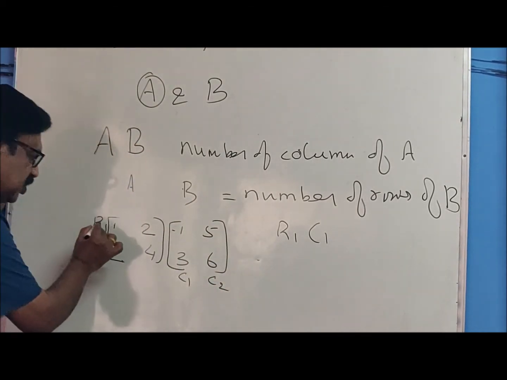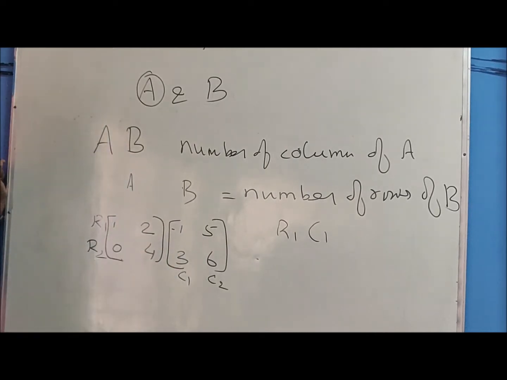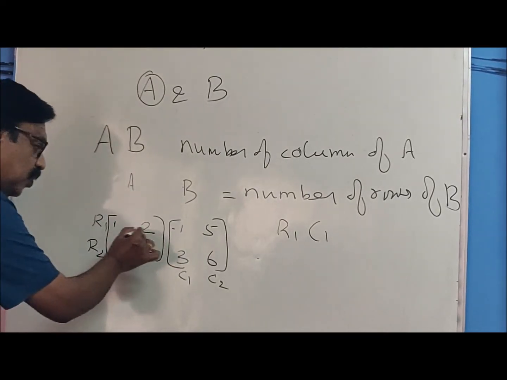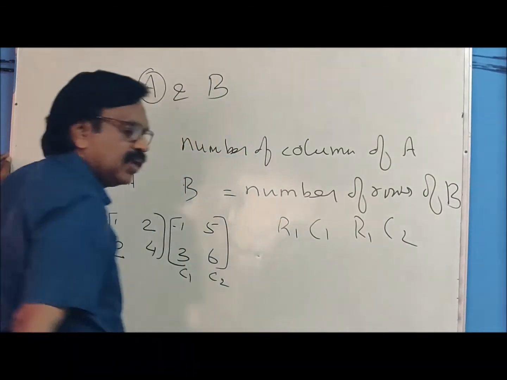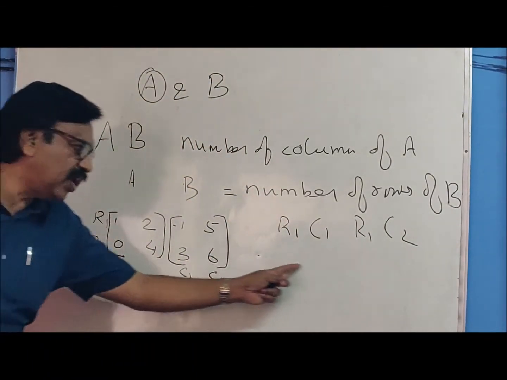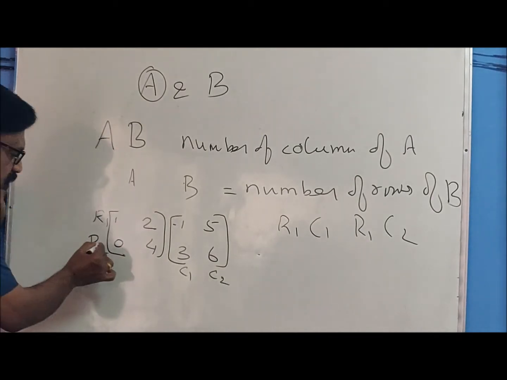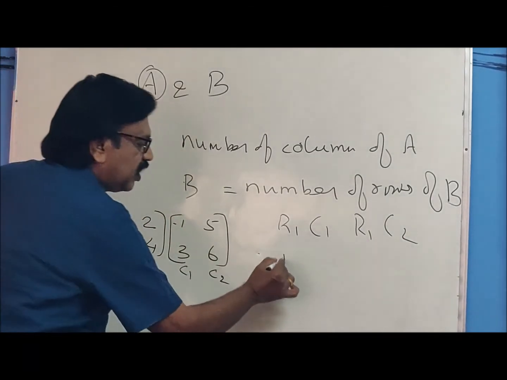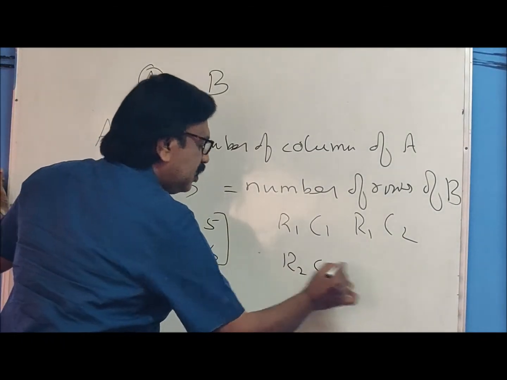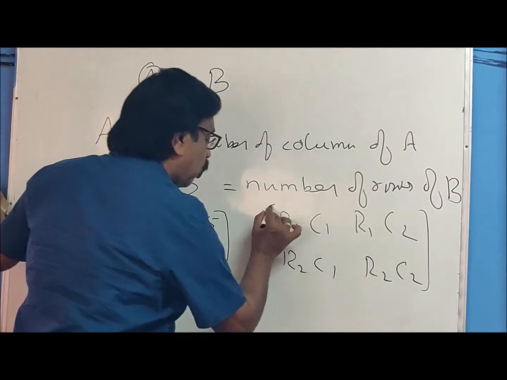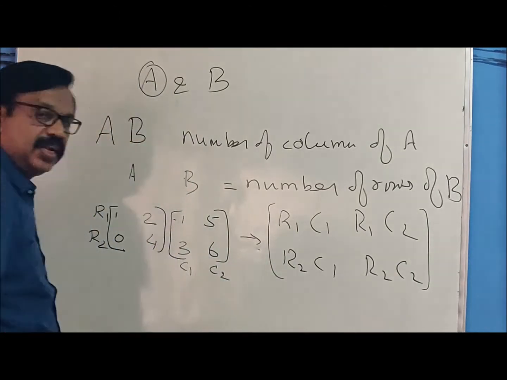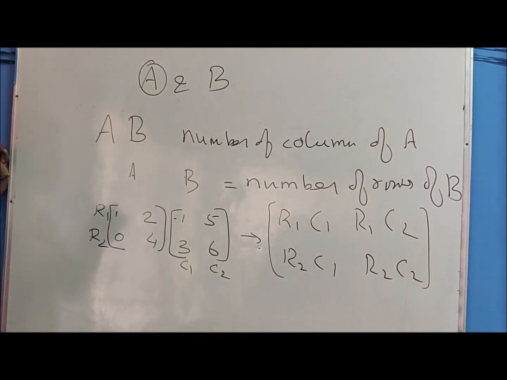Now we take first row, first column; then first row, second column, R1, C2. Then for the second row, we take second row, first column; then second row, second column. This is the operation process. This is the process only; they are not equal, I am telling.